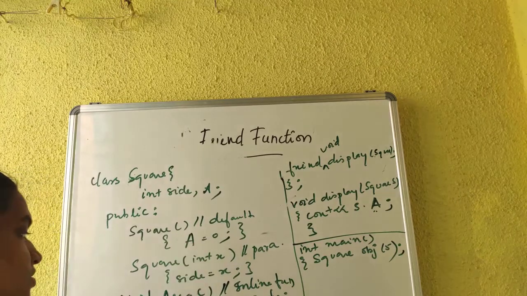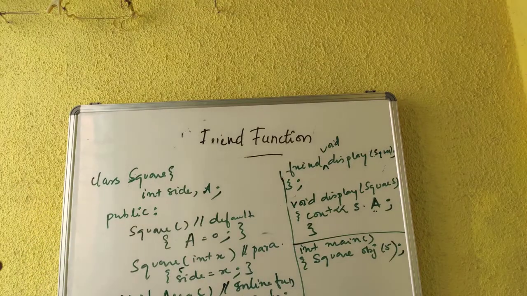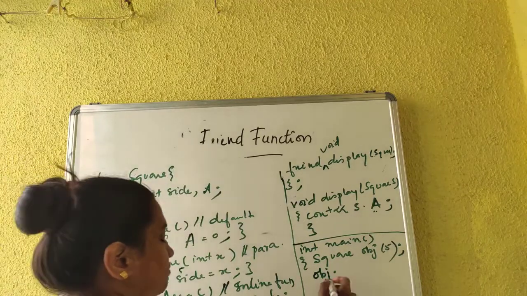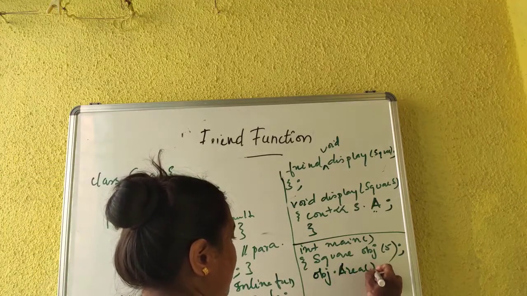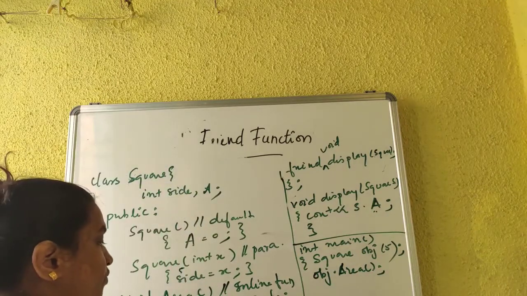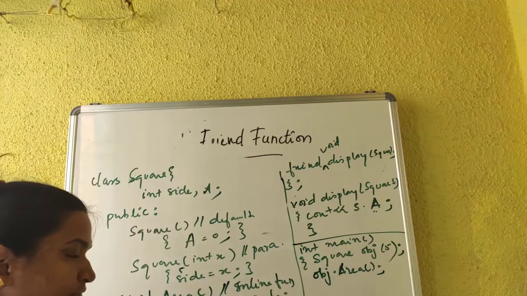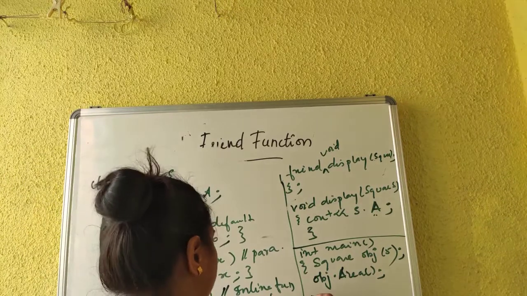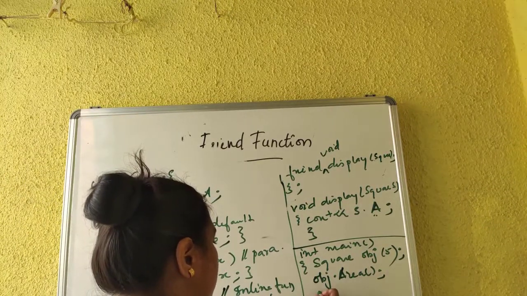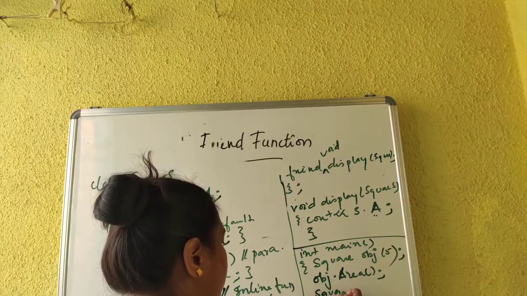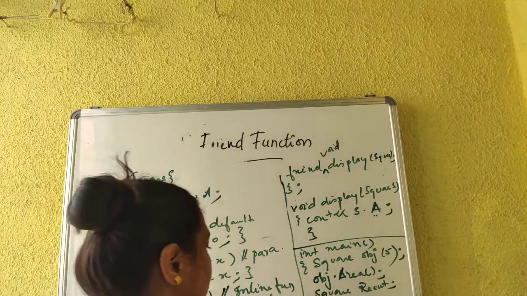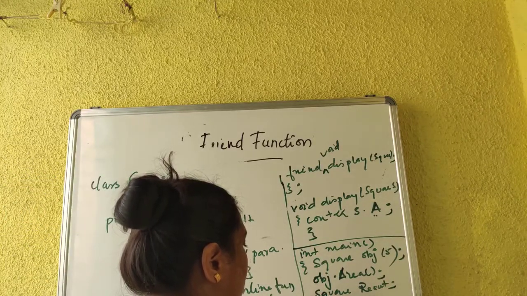So what happens? The parameterized constructor will be called and side will get the value 5. And when I say object dot area, 5 into 5 happens and A gets the value 25. Clear? Then I'm going to declare another object called result, which is of type square, and I'm writing result equal to object.